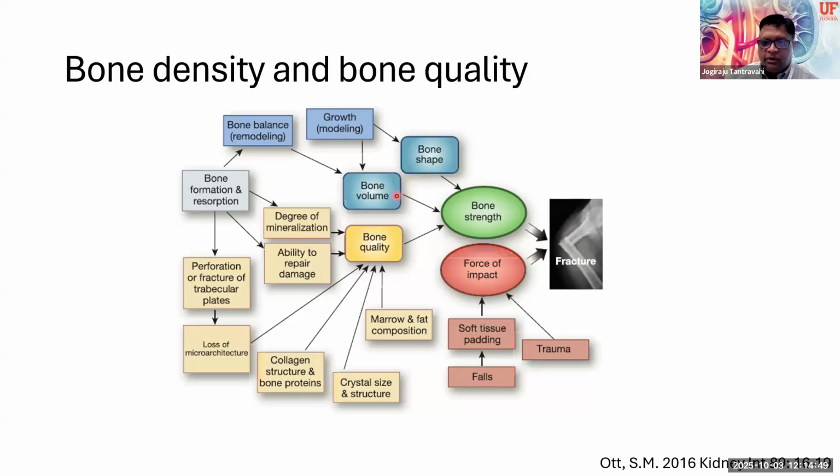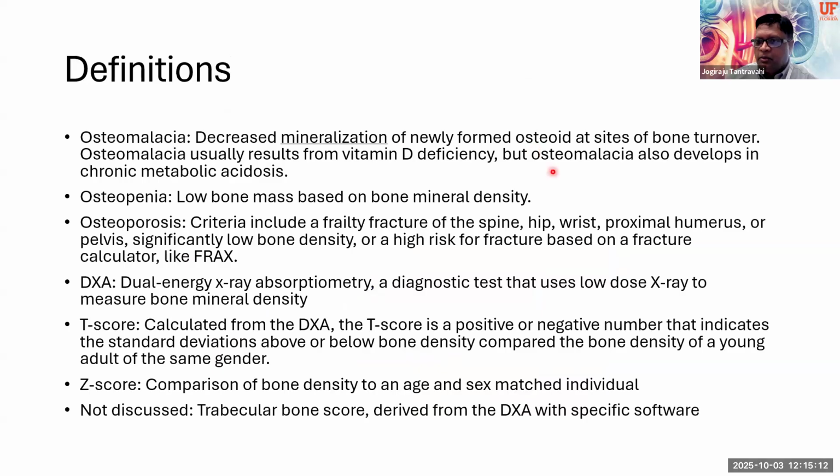Okay, and so you can see some of these parameters here. This is a review article by Susan Ott, who is very much a thought leader in this area. So bone strength, force of impact, bone quality, all of these things conspire together in a maladaptive way to lead to fracture.